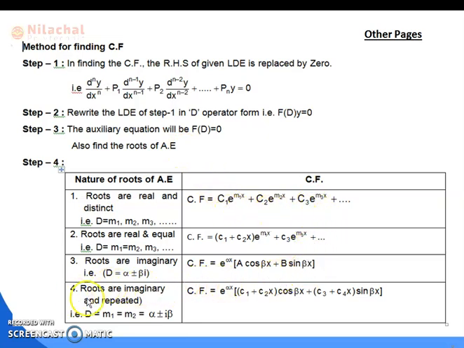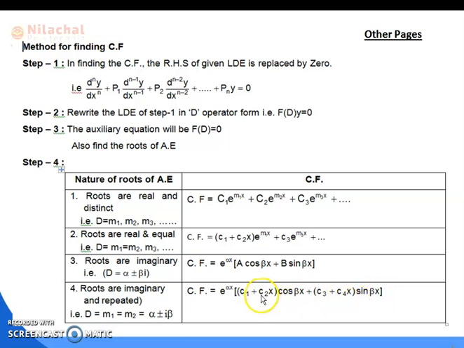Number 4: if roots are imaginary and repeated, sometimes your complex numbers have the same value, meaning m1 is alpha plus minus beta i and m2 is also alpha plus minus beta i, so there are 4 roots in total. Since both roots are repeated, the formula is e to the power alpha x [(C1 plus C2x) cos beta x plus (C3 plus C4x) sin beta x].